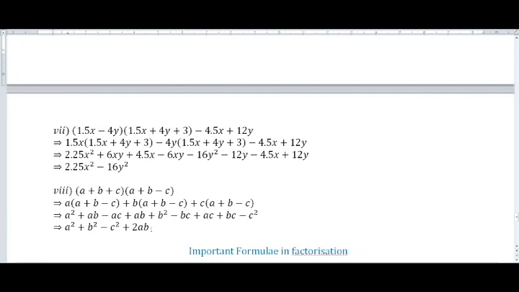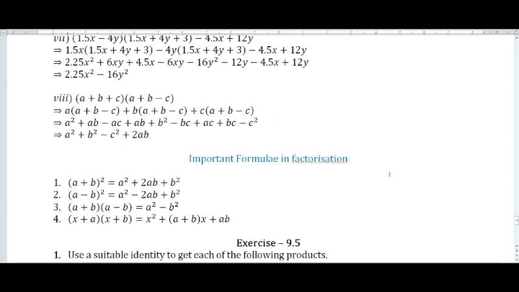In class 9.5 we learn the formulas: (a plus b) whole square equals a square plus 2ab plus b square; (a minus b) whole square equals a square minus 2ab plus b square; (a plus b)(a minus b) equals a square minus b square; (x plus a)(x plus b) equals x squared plus (a plus b)x plus ab.